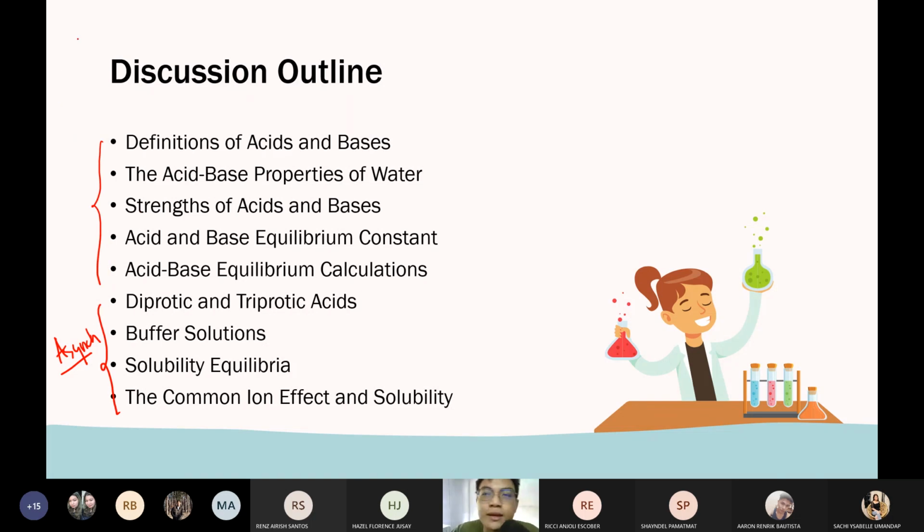Okay, so again, we will apply the knowledge of equilibrium in acids and bases. So that means if time permits, we will have ice table calculations. Okay, but anyway, so before we even proceed with the equilibrium applications, let's talk about acids and bases muna.